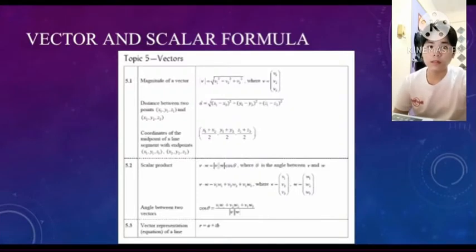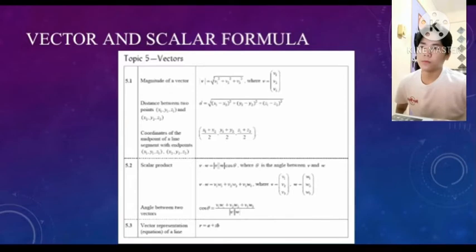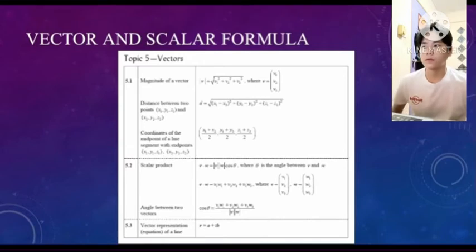After that, I'm going to tell you what is the formula of vector and scalar. There are several types of formula that we can use to find vector and scalar. Some of the formulas that we are going to use are to find the magnitude of a vector, the distance between 2 points, and the coordinates of the midpoint of the line segment with endpoints.